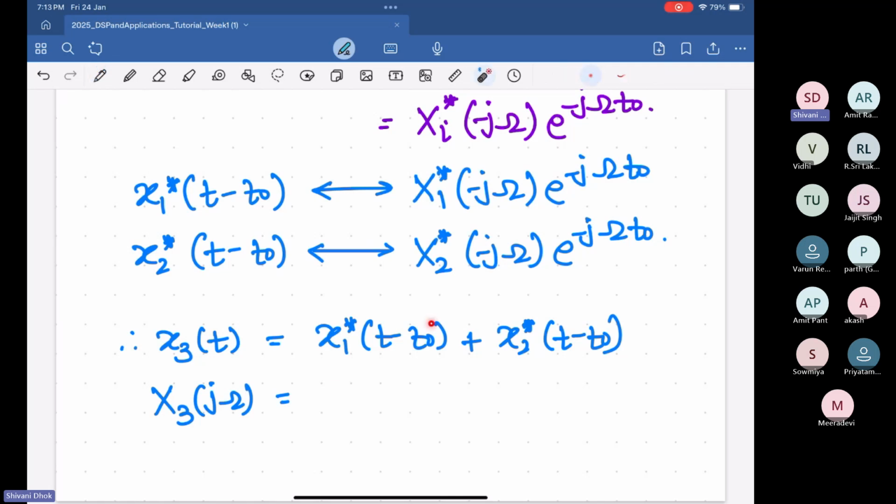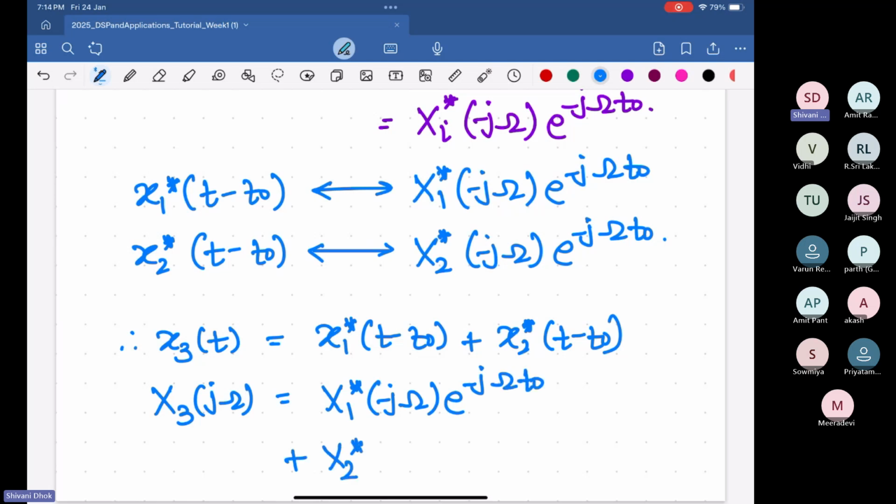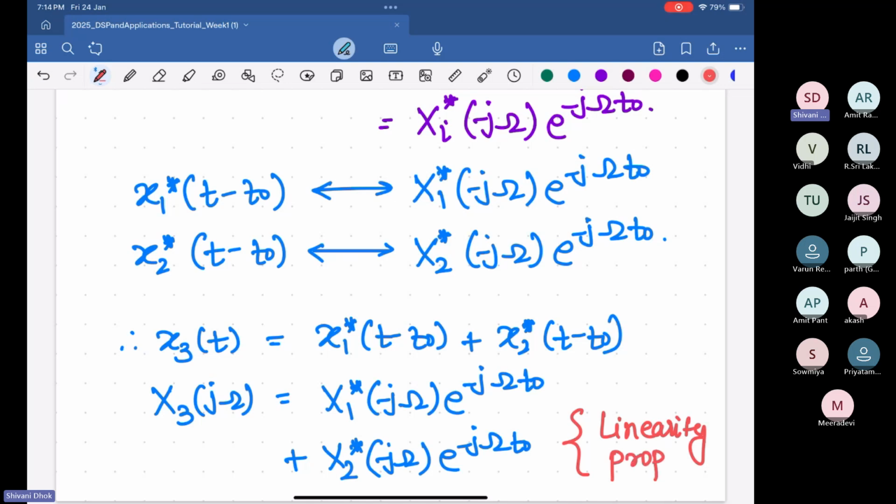So what is the Fourier transform of this particular thing? It is given by this thing here. So this comes out to be equal to x1 conjugate of minus j omega into e power minus j omega t naught plus x2 conjugate of minus j omega e power minus j omega t naught. And this is coming from the linearity property.